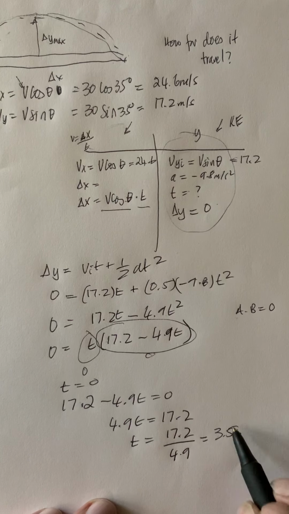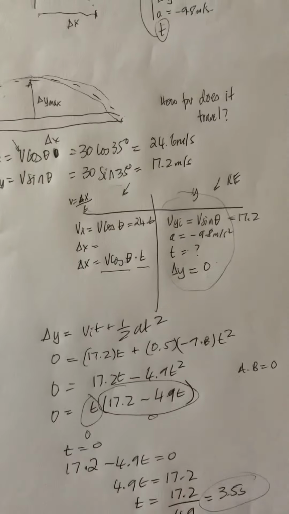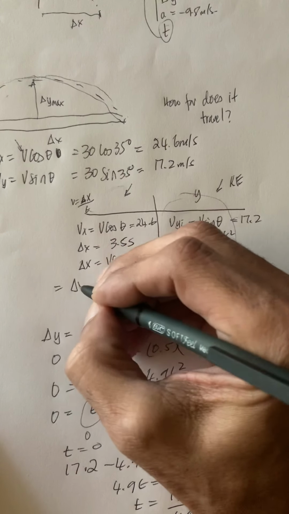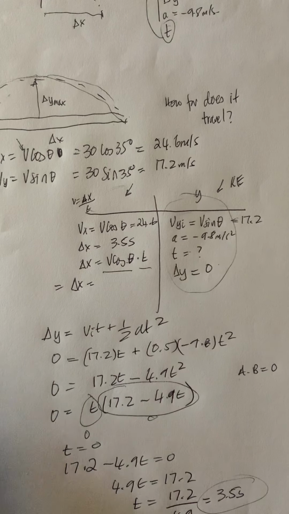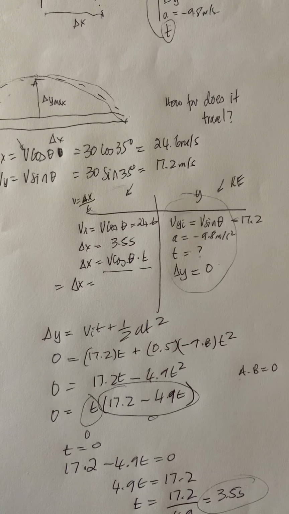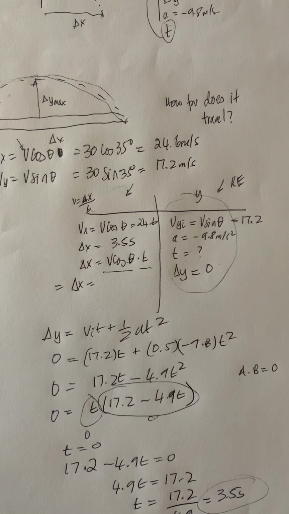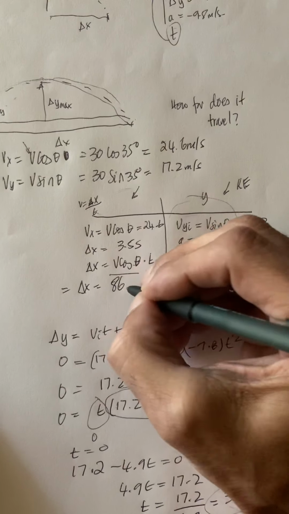So that's my total time in the air. Simply enough, I plug that in here, 3.5 seconds, and my delta x is going to be 24.6 times 3.5, which is 86.1 meters.